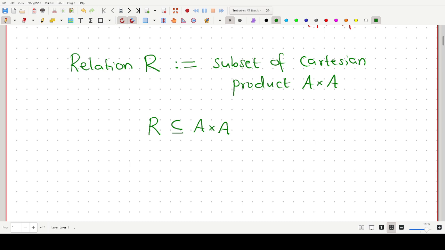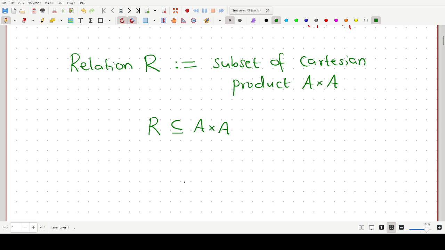That means there are multiple possibilities in which we can write down a subset of the Cartesian product. And mind it, we are not specifying which subset of the Cartesian product is a relation.